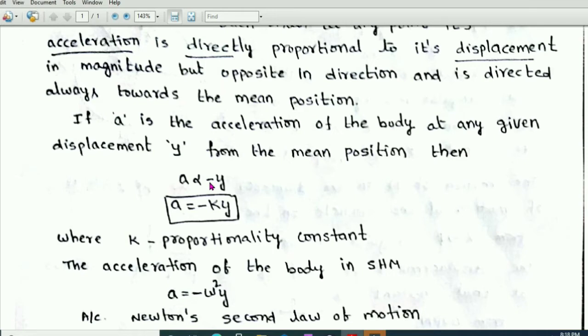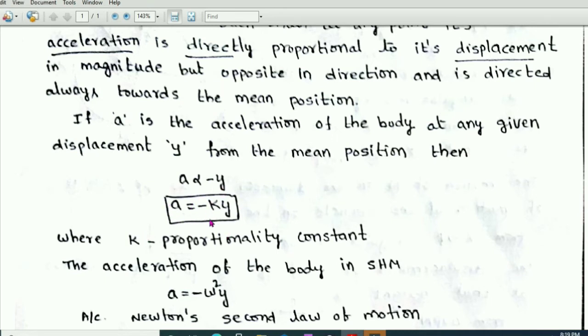The minus sign gives that the direction of acceleration is opposite to the direction of displacement. So a is proportional to minus y. If you introduce a proportionality constant, it becomes a is equal to minus ky. Here k is the proportionality constant.